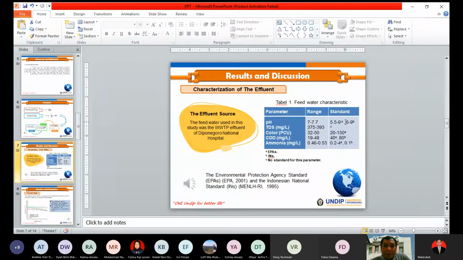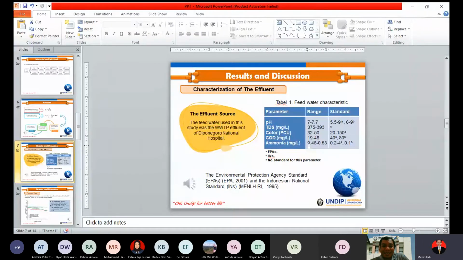The only problem might be the ammonia content. EPA provides a very wide range between 0.2 to 4, and your sample is 0.46 to 0.53. This is no problem actually with your waste. It should be okay.